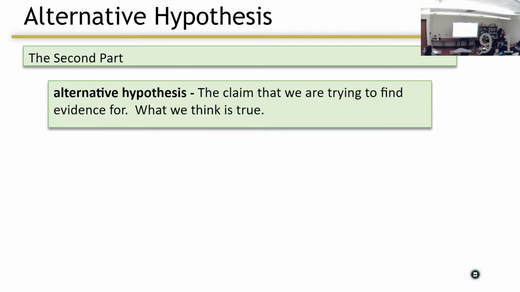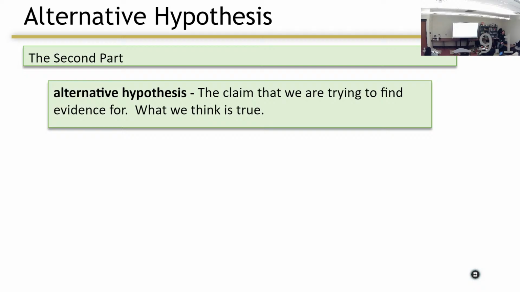That's what we believe, or that's what we're trying to prove. Or it's what they believe, whatever it might be. We think it's less than, we think it's greater than. We think they're lying. We think they're underfilling.